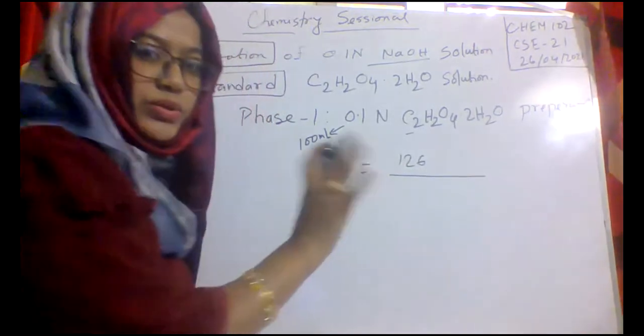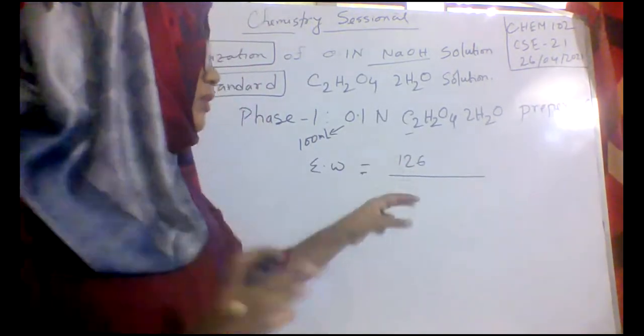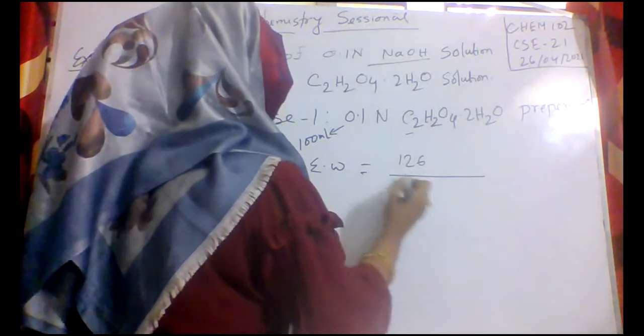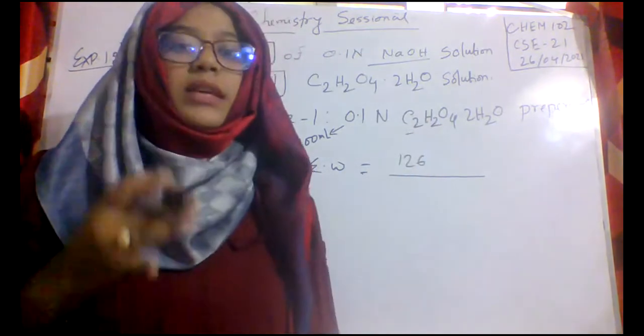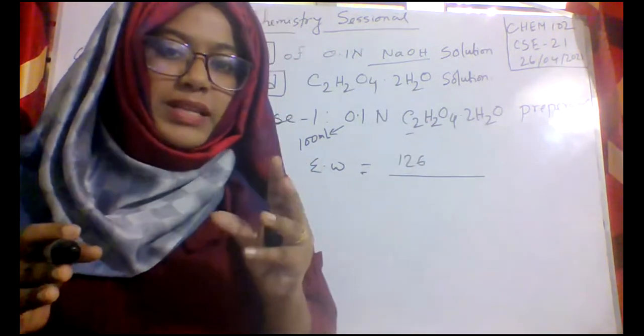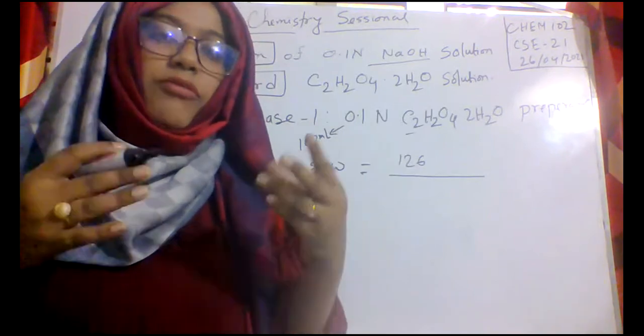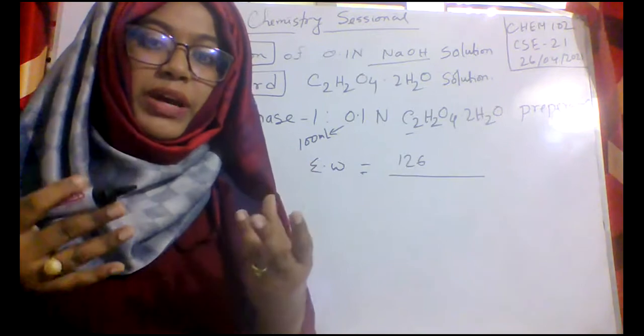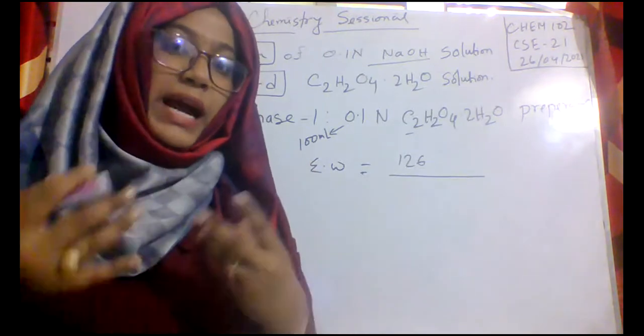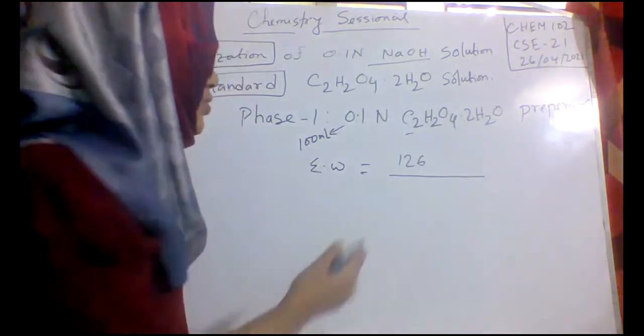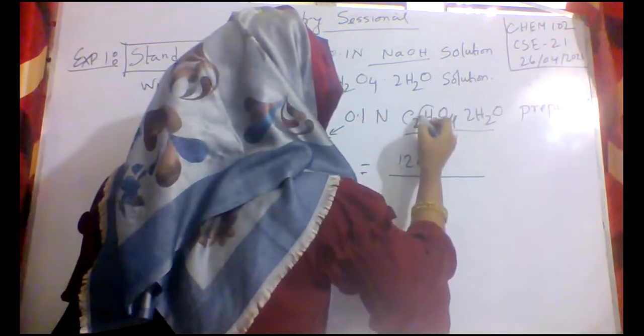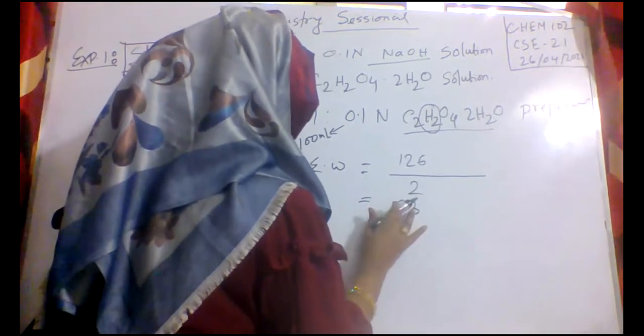How to calculate the equivalent weight? The total weight is 126 point something. I'm not writing the total, you will do it in detail. I'm just showing you: equivalent weight divided by equivalent number. What is the equivalent number for an acid? For an acid, the equivalent number is the number of H plus ions that it can release. So the equivalent number for the acid is 2. So it is 63.